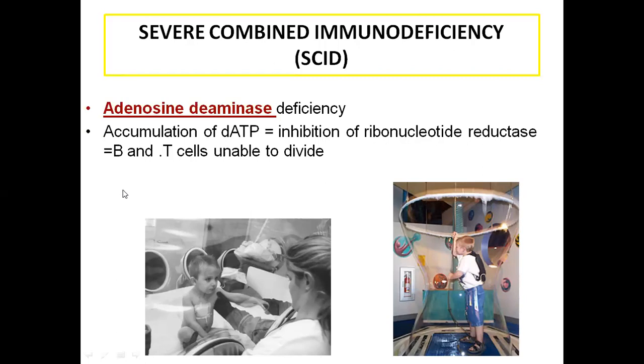T cells. And one thing that you need to know is that our immunity, the types of immunity, are being conferred or offered by which type of cells in the body. कौन सी cells होती हैं जो कि immunity offer करती हैं? ये B lymphocytes और T lymphocytes ही करते हैं ना. तो जब ये B lymphocytes और T lymphocytes themselves are not performing their functions normally, lacking deoxy type of ATPs within them, there will be no further production of either the lymphocytes or the immunoglobulins in the blood.